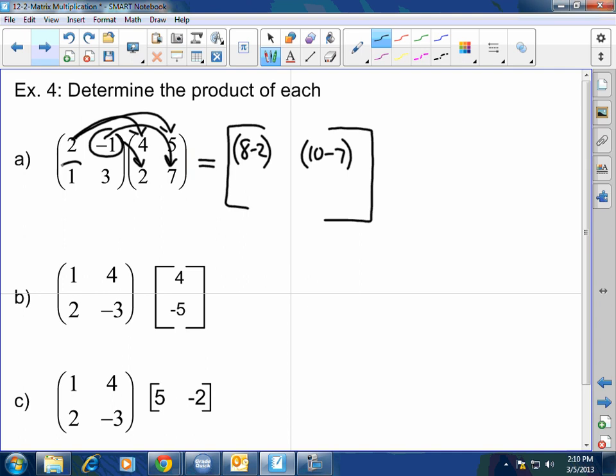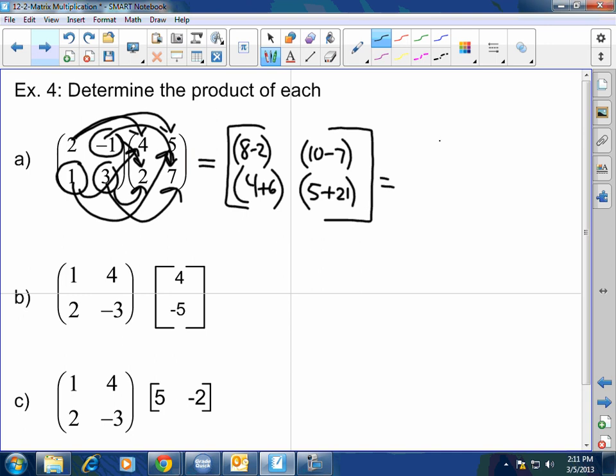Then, 1 times 4 and 3 times 2. My third value. And then 1 times 5, plus 3 times 7.